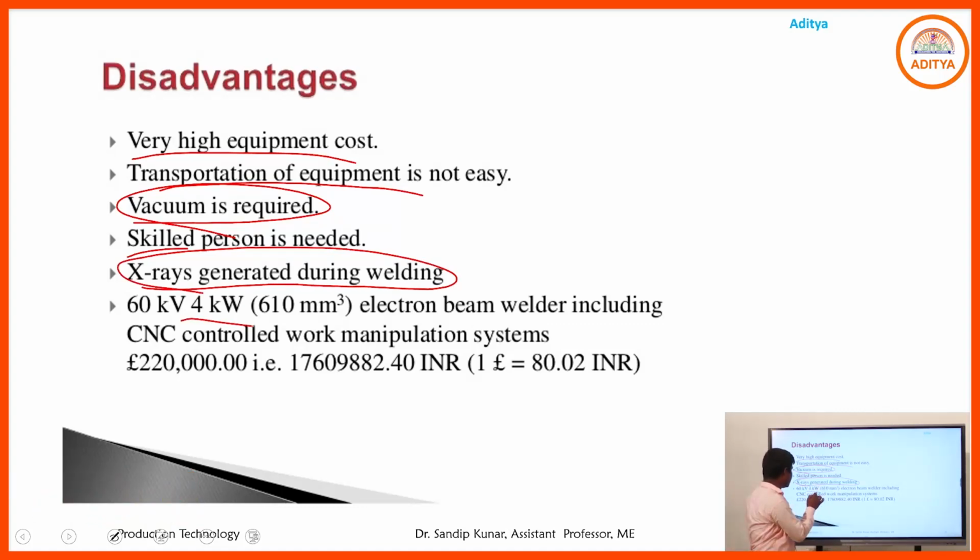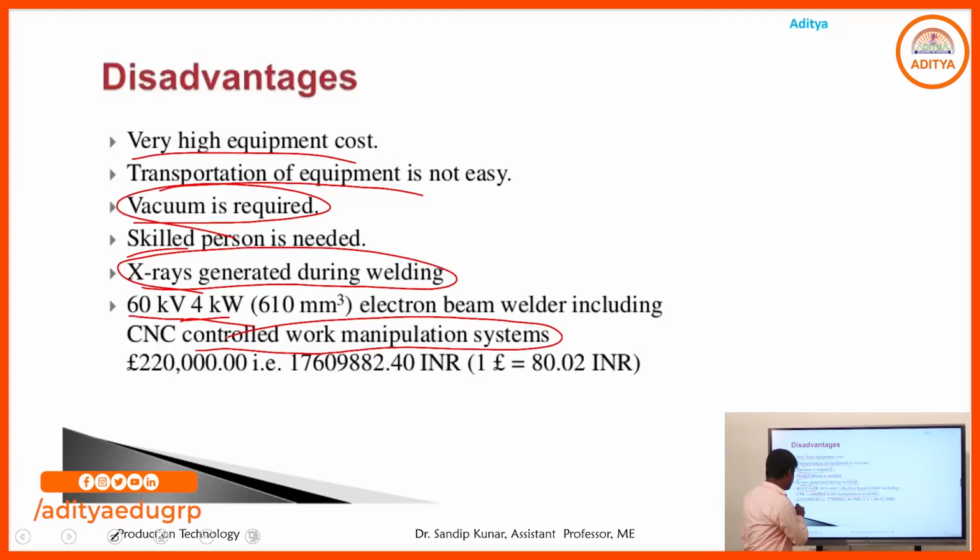A 4 kilovolt to 60 kilovolt, 4 kilowatt electron beam welder, including a CNC controlled work manipulation system, costs about 220,000 pounds. So that particular electron beam welding setup is very costly.